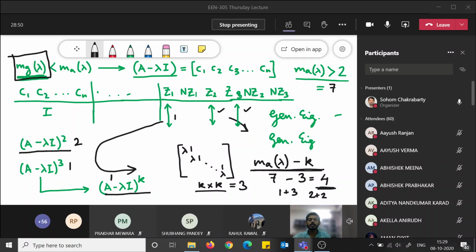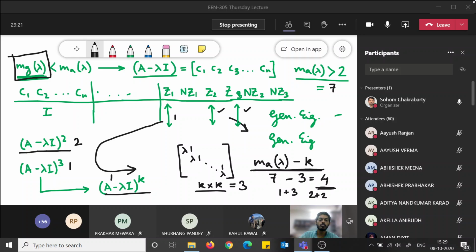So we have to actually go via the route of the generalized eigenspace and see where it leads us. The general rule of finding the generalized eigenvectors and the generalized eigenspaces, how to form the generalized eigenspaces and go about finding the generalized eigenvectors, is of utmost importance, especially algorithm number 2.